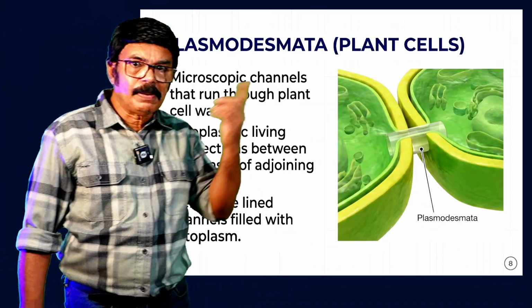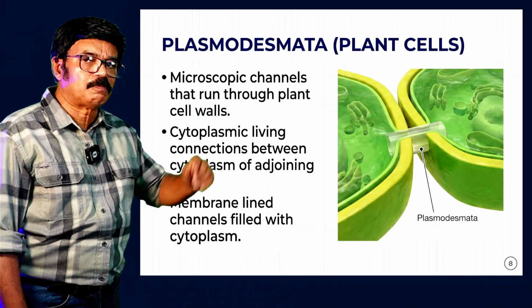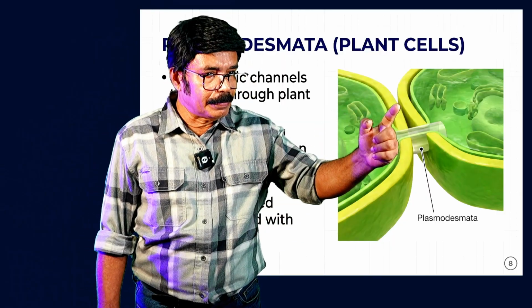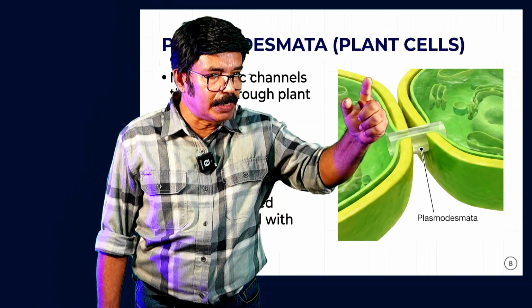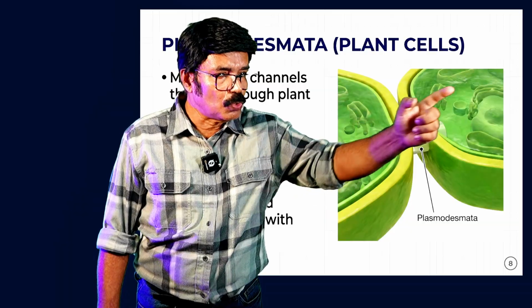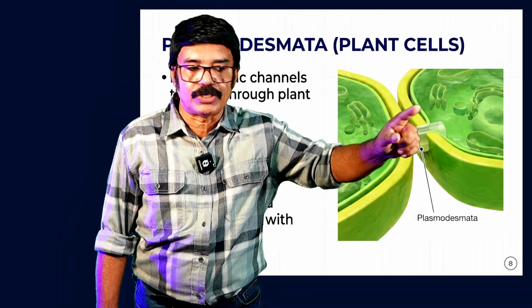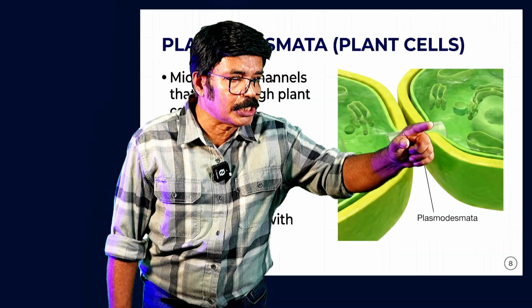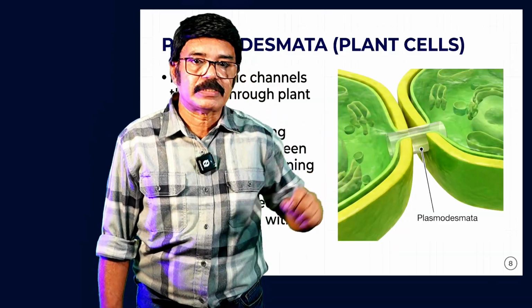Plasmodesmata. Plasmodesmata you find in plant cells. The yellow part is cell wall. Inner to cell wall, you find plasma membrane. So two neighboring cells you can see. From this, the plasma membrane continues into the other cell.